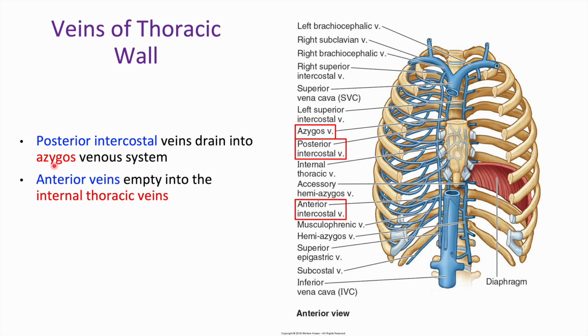And so the posterior intercostals are going to drain into the azygos venous system. The anterior veins are going to empty into the internal thoracic veins. And so you can see those here. The posterior is going to be running around posteriorly. The anterior is going to be wrapped around anteriorly.